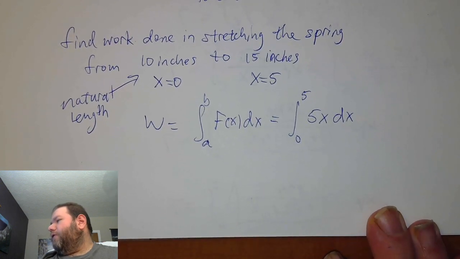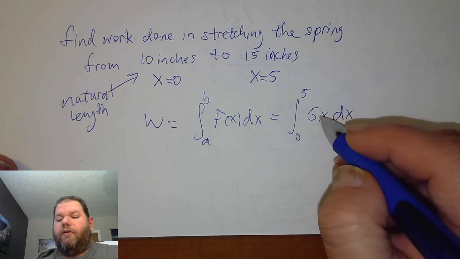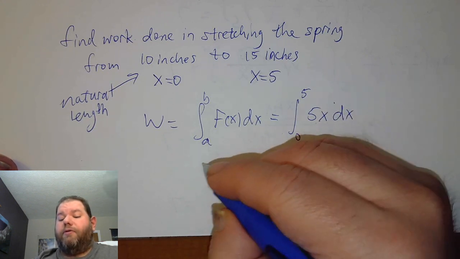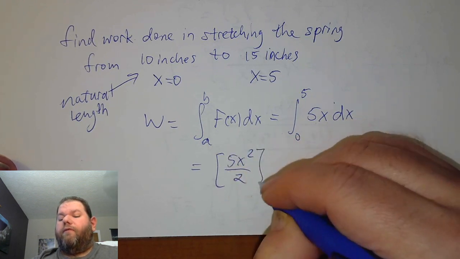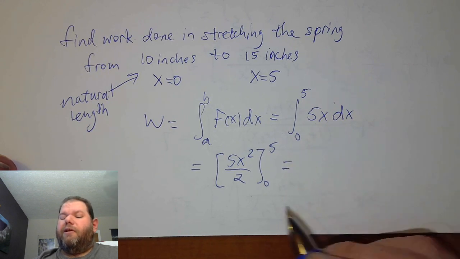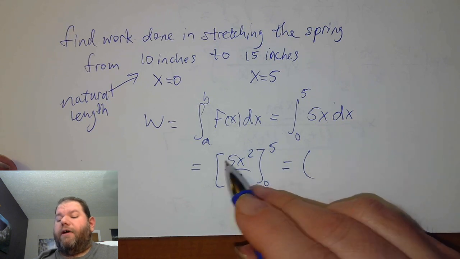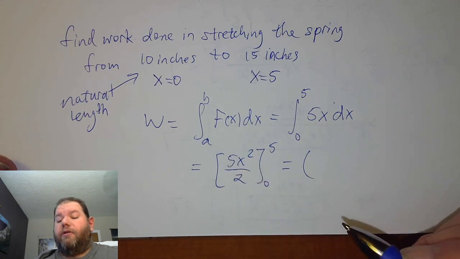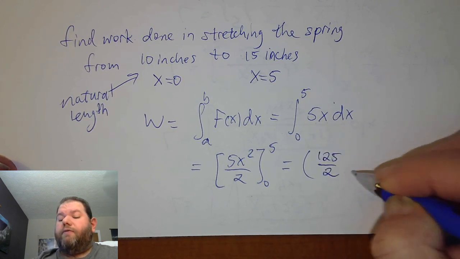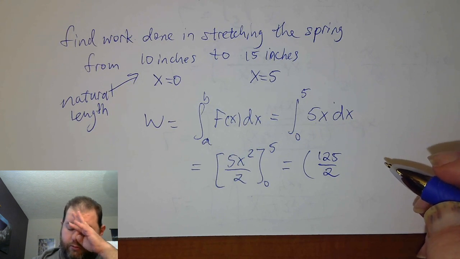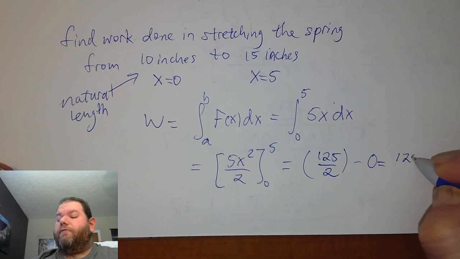And from there, it's a fairly straightforward integration. The integral of 5x is 5x squared over 2 from 0 to 5. Now, the 0 is just going to give us a 0 when we plug it in. So it'll be 5 times 5 squared, which is 125 over 2, and then minus 0. So 125 over 2.